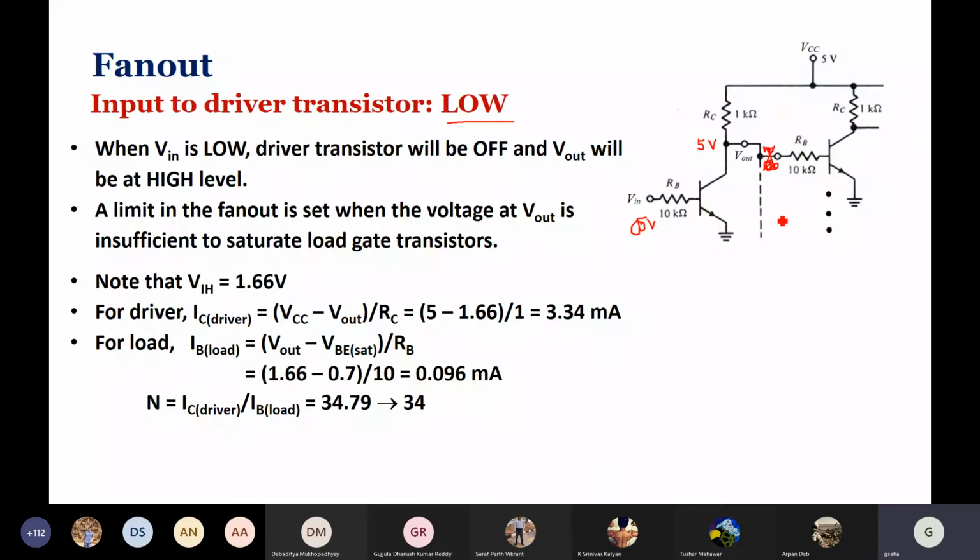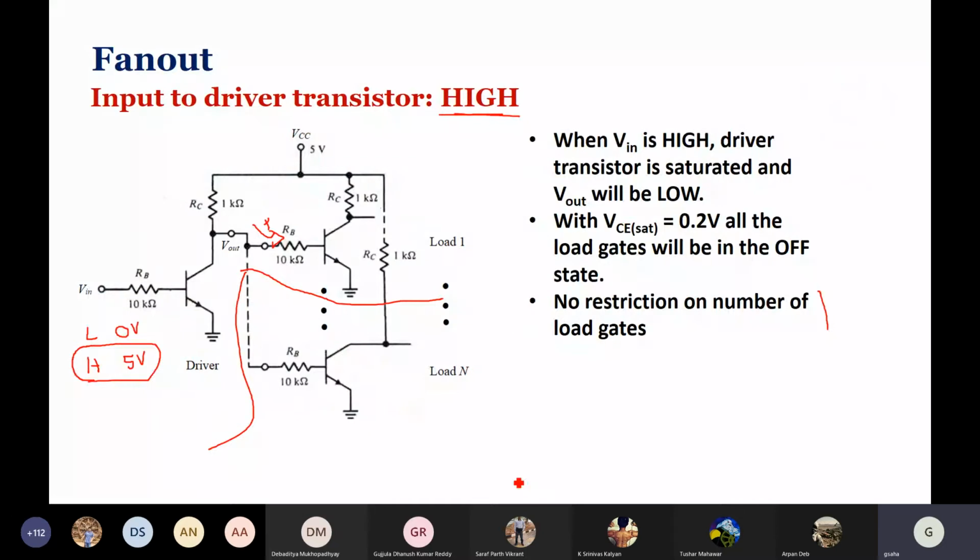Then what will happen? Since this is 5 volt, a logic high present here, this output will be low for the next stage. This will be around 0.2 volt or so, going into saturation.